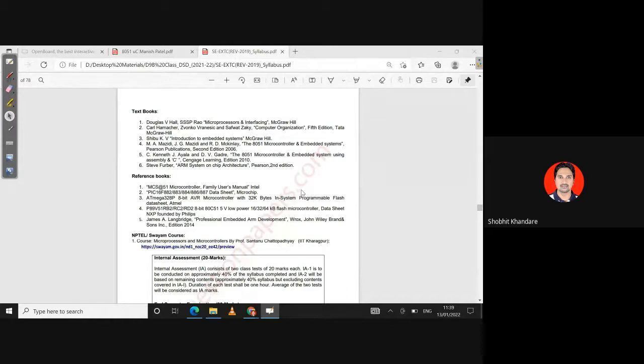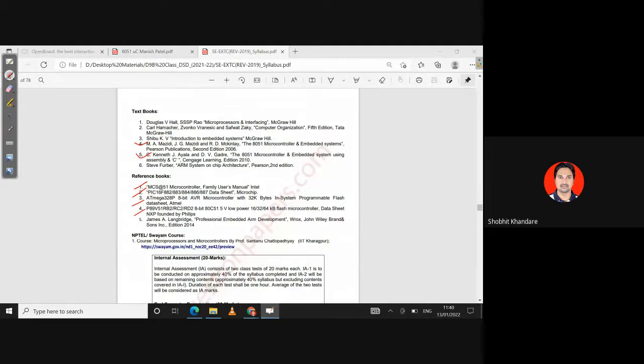In the textbook there are 6 books. Out of these I would recommend the 4th one, Mazidi, and the 5th one, Ayala. These are the 2 important books you can go with. For the last module, the 6th module, you can go with this.